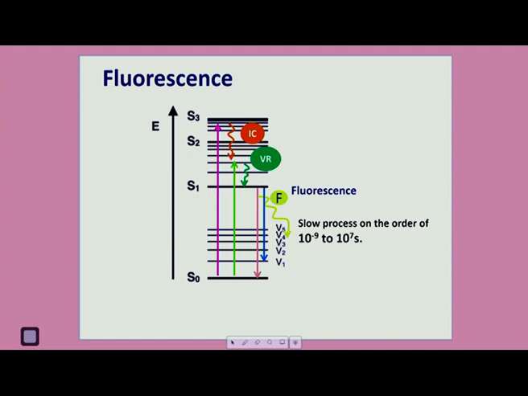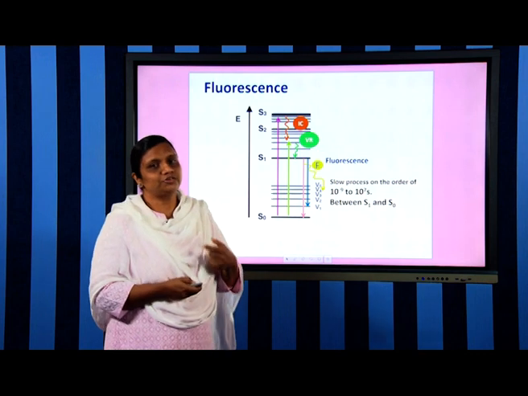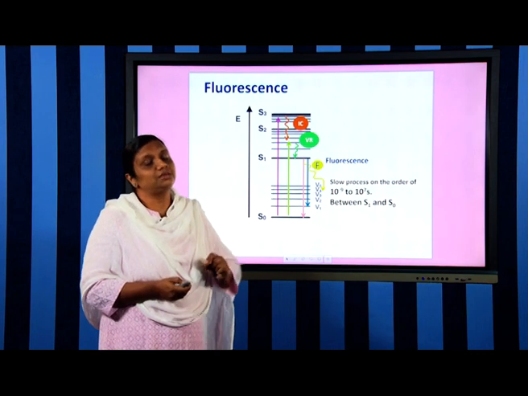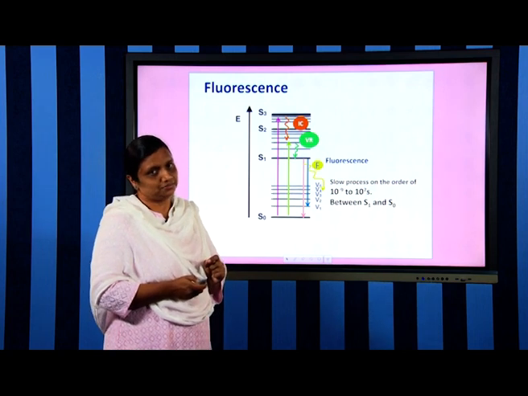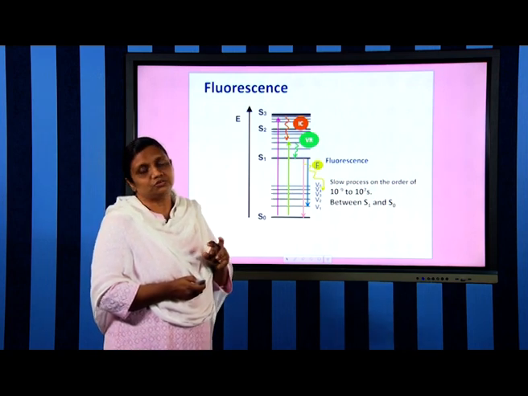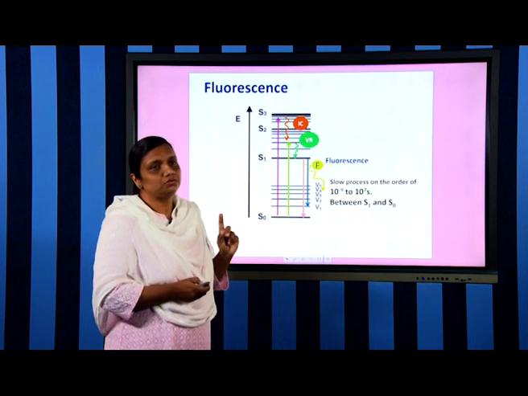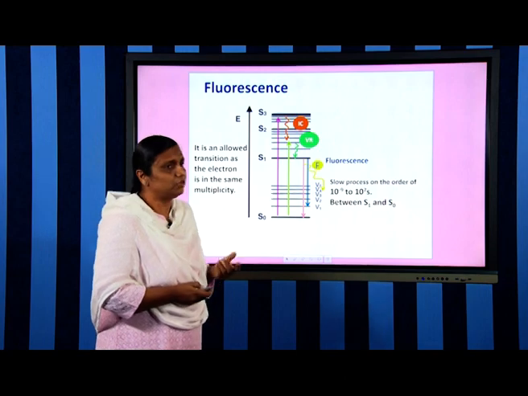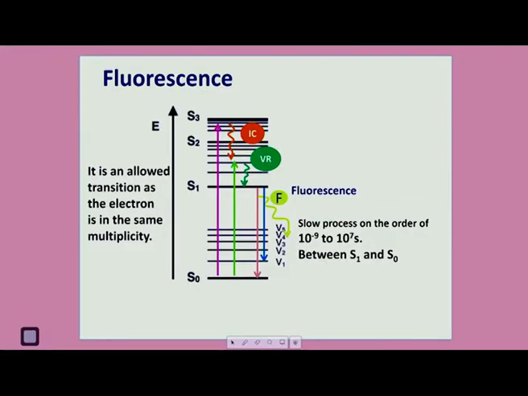Remember, it is a radiative transition, it loses energy in the form of radiation, and the process is in the order of 10 to the power of -9 to 10 to the power of -7 seconds. It happens between the first excited state and the ground state. That is important. Fluorescence happens between the singlet excited state and the singlet ground state. So, the spin multiplicity of the electron is not changed, and fluorescence is an allowed transition as the multiplicity is not changed.